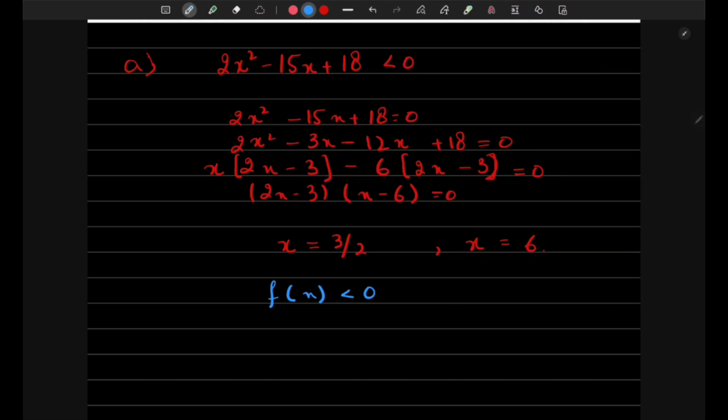It opens upward as the coefficient of x² is positive, so the parabola opens upwards, and the function is negative between the roots.